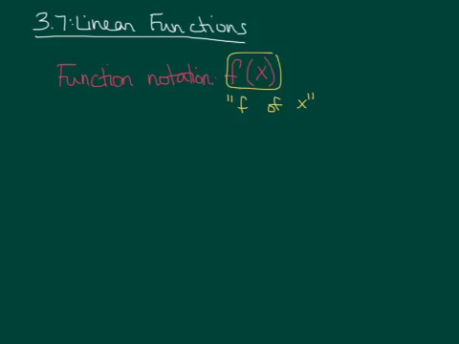But the one thing I do want you to know is that f of x is a fancy way to write y. So f of x is another name for y.